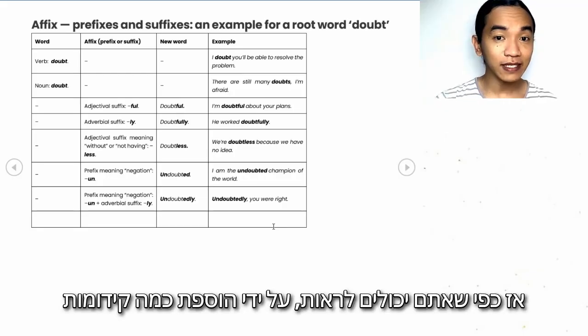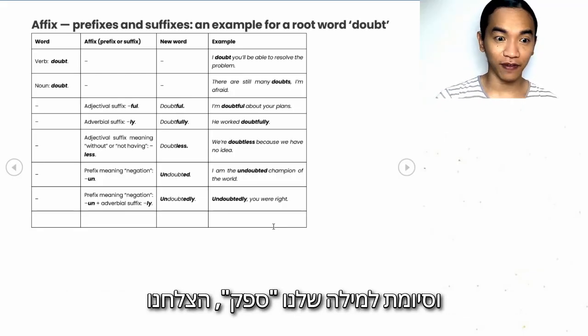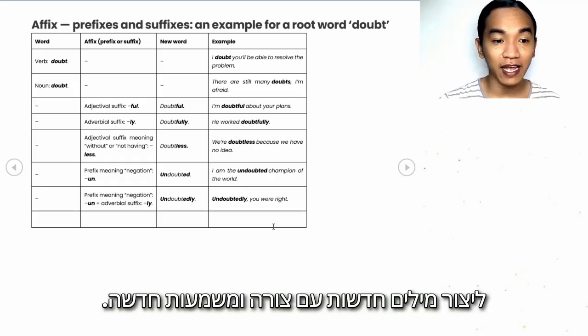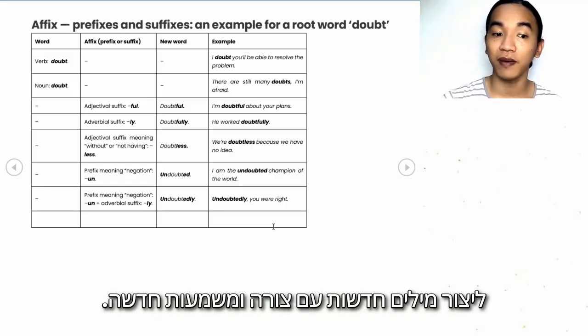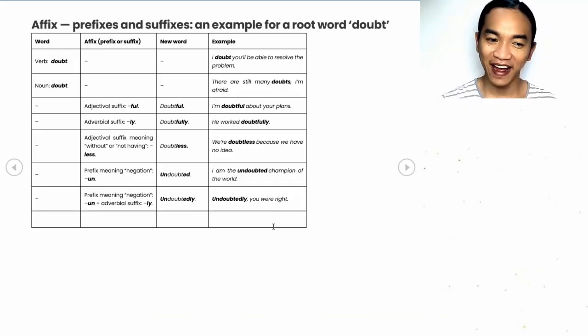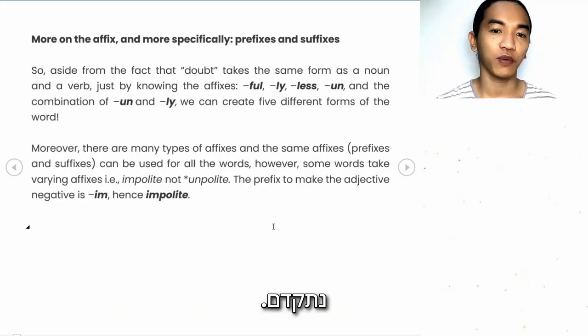Okay, so as you can see, by adding some prefixes and suffixes to our word doubt, we were able to create new words with new form and meaning. All right, okay, moving forward.